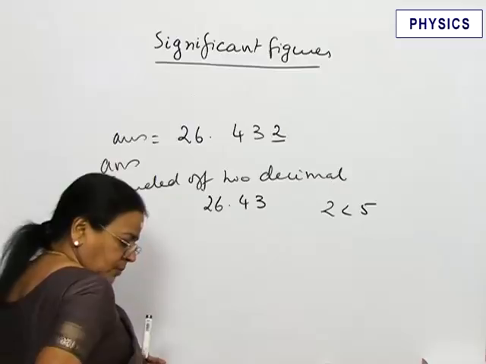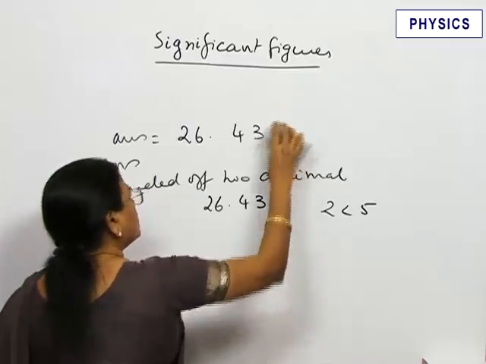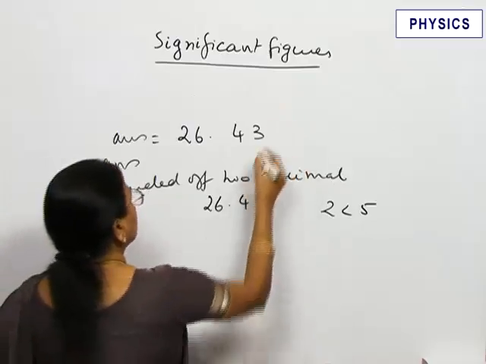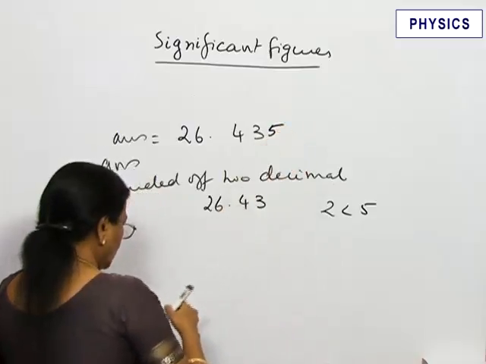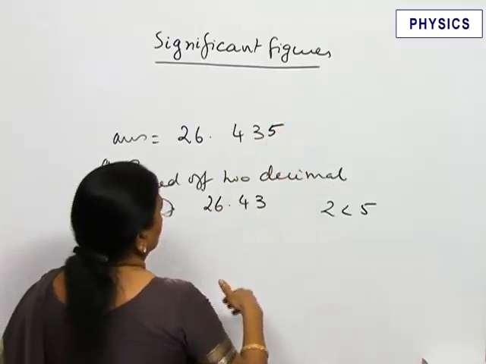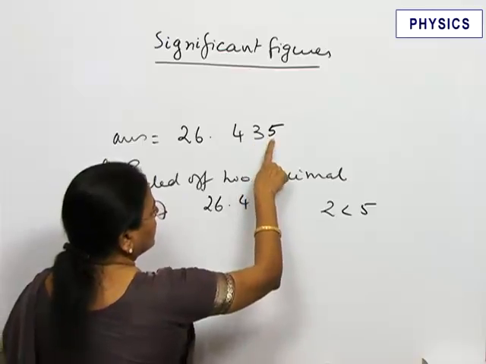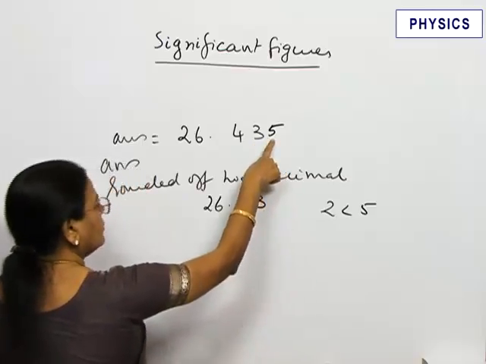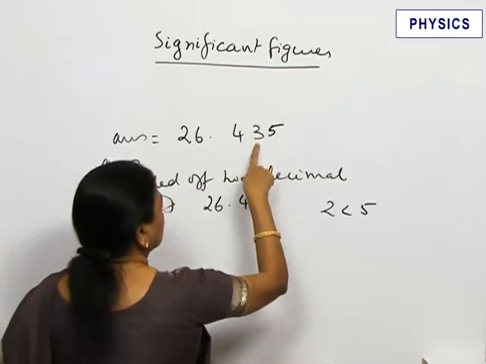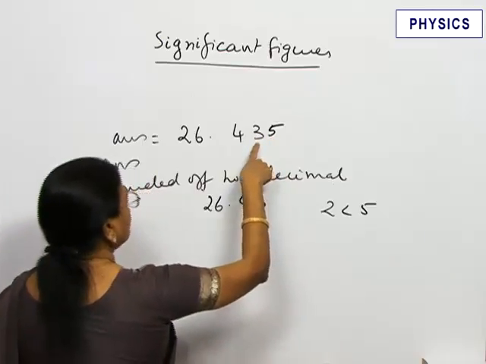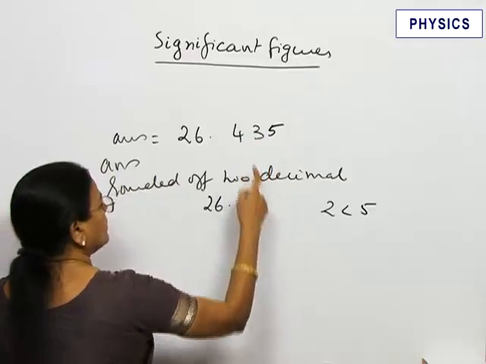Okay. Suppose the number you want to omit happens to be 5. Then what will you do? It is neither more nor less. Then you should see this digit. If the number you are going to drop is 5, then see the previous digit and see whether it is an odd number or even number.